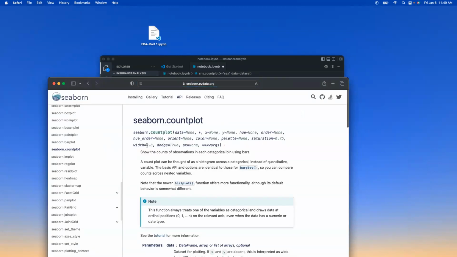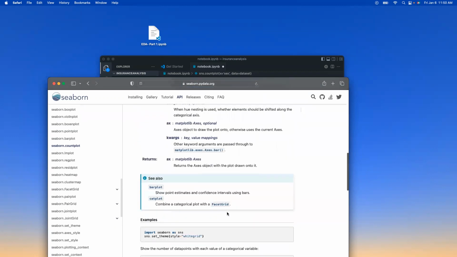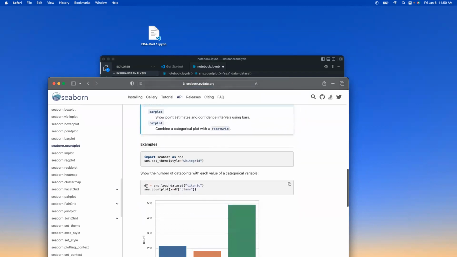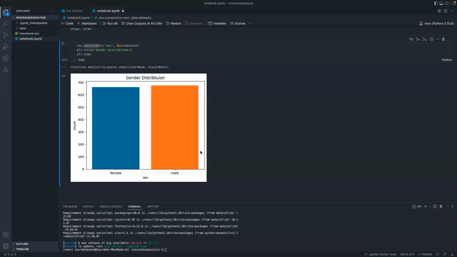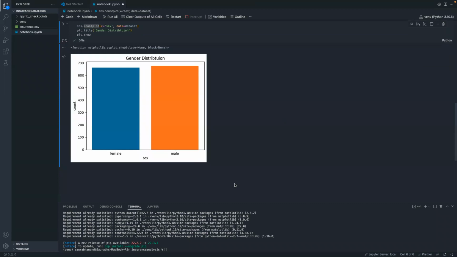What the documentation says is, a count plot can be thought of as a histogram across a categorical feature. So whenever you want to explore categorical features and get their distribution, it's equivalent to the histogram you have for numerical features. If you go on, you can see how it is implemented in the examples. This is what I would normally do. Whenever you are running into any problem with any library, you can just Google it up. And yeah, let's get back. So we understood that count plot is mostly used for our categorical features.